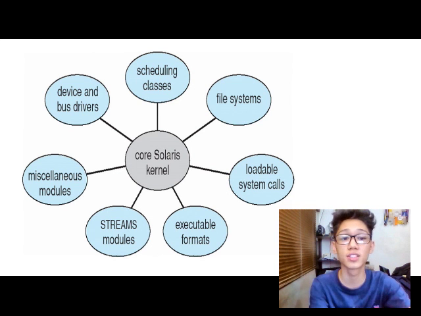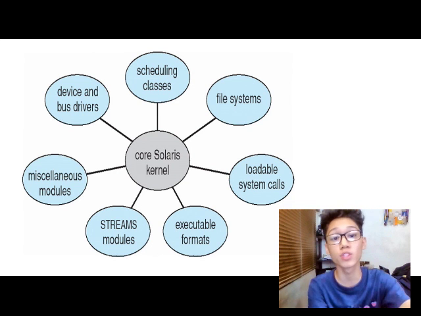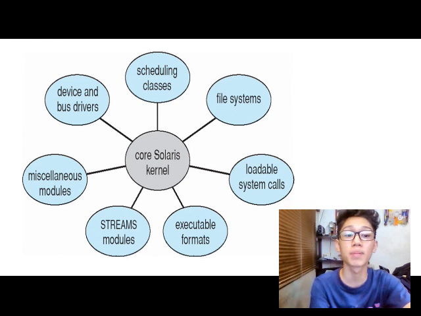All of these services can also be implemented in Linux, Mac OS X, and Windows. The concept of this design is for the kernel to provide core services while other services are implemented dynamically as the kernel is running.